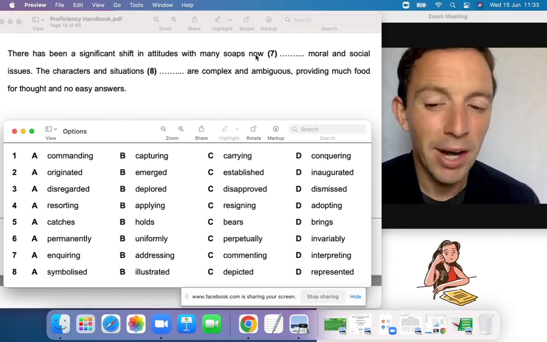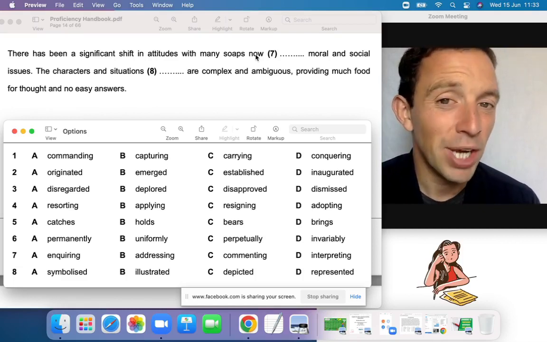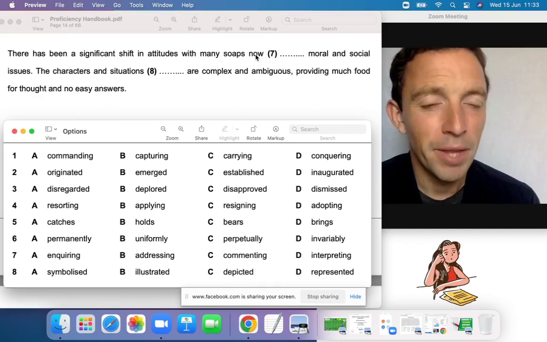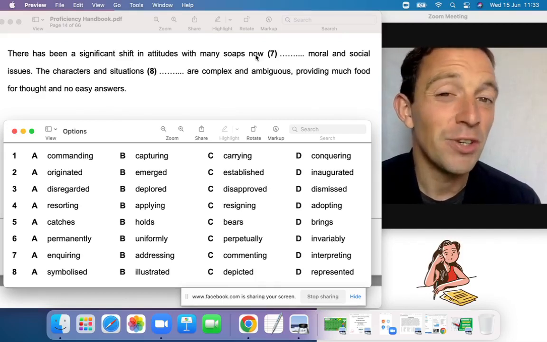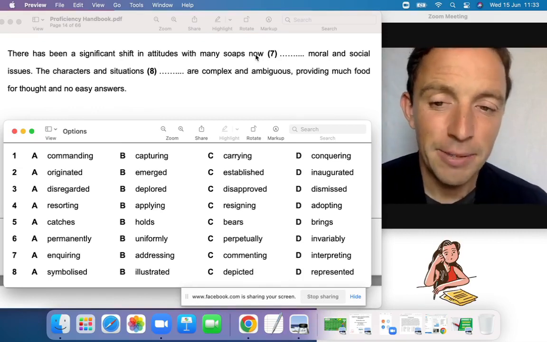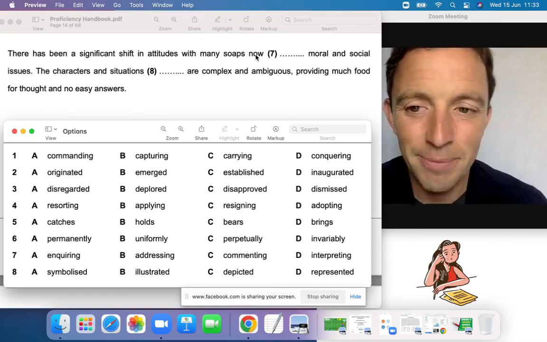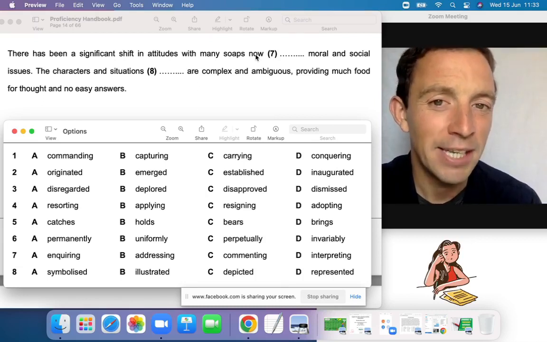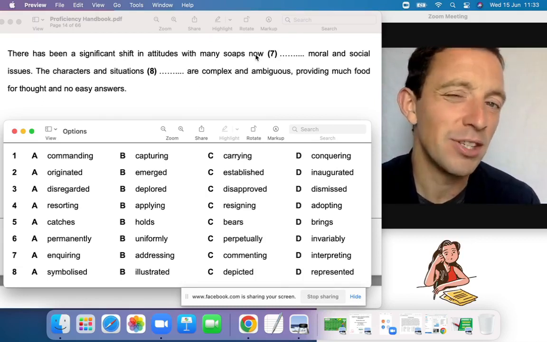This is a soap opera, so it's a little bit different. A symbolize might be an object. The object symbolizes something generally, but they are flexible and you can use them maybe with a soap opera or the characters. Depict, again, is related more with a picture or a painting. Something depicts. You can depict this. So it's like to create the picture.